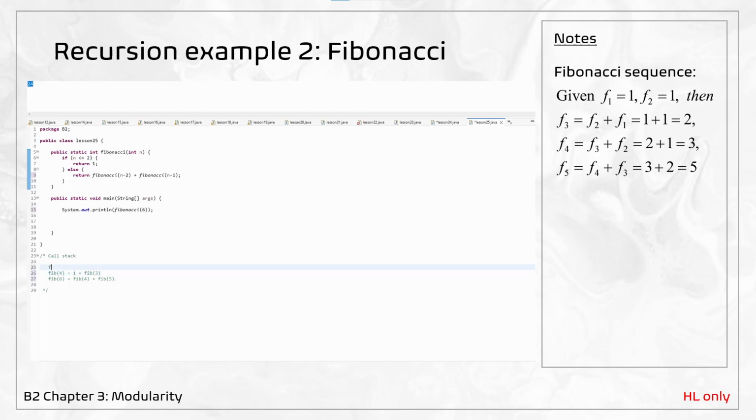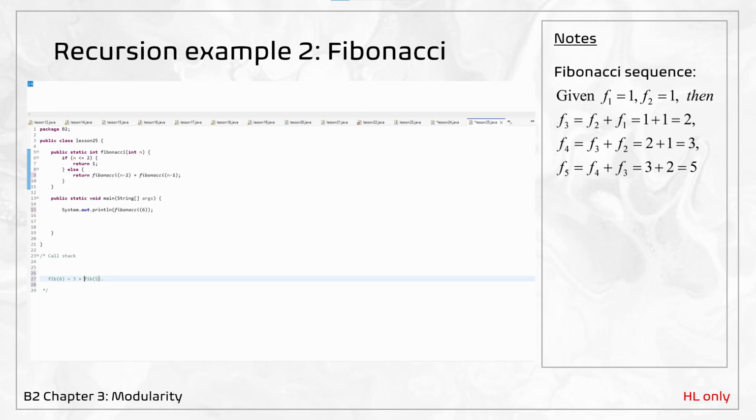Now fib3 is equal to fib1 plus fib2, and both fib1 and fib2 are equal to 1, so we can just put 1 and 1 here. And because we have 1 plus 1, fib3 will just return 2. So fib3 will be popped, and fib3 takes the value 2. And then fib4 will take the value 1 plus 2, which is 3. So this will also be popped, and fib4 takes the value 3.